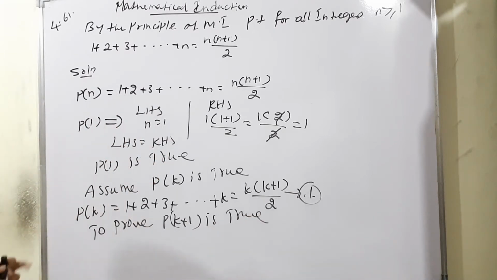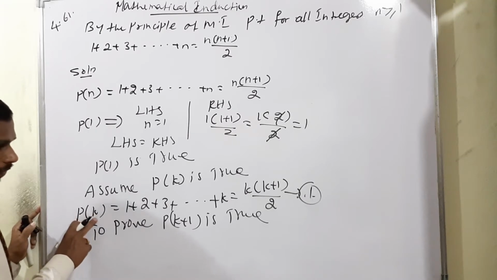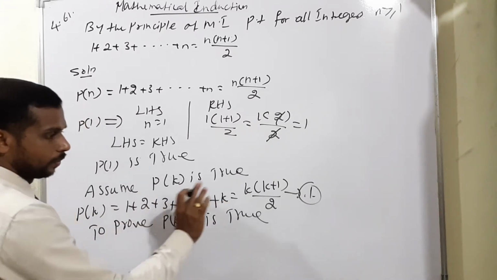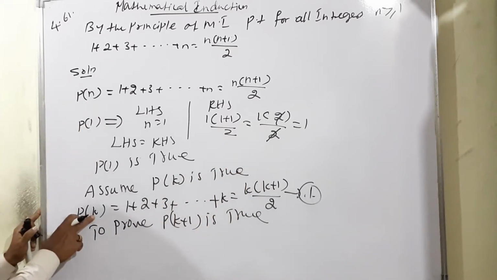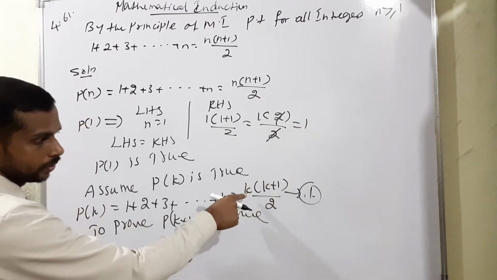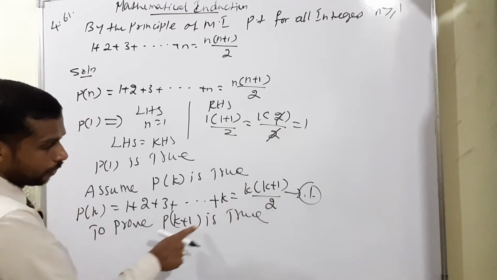P of k plus 1 is true means what will happen? Already we know P of k is 1 plus 2 plus 3 plus dot dot dot plus k is equal to some value. Therefore, instead of k, take k plus 1, and on the opposite side also, each and everything, instead of k, apply k plus 1.